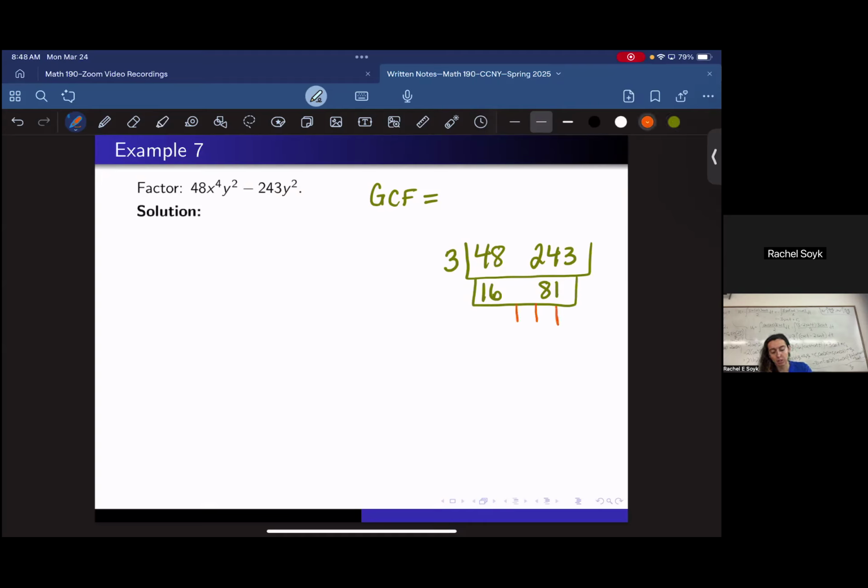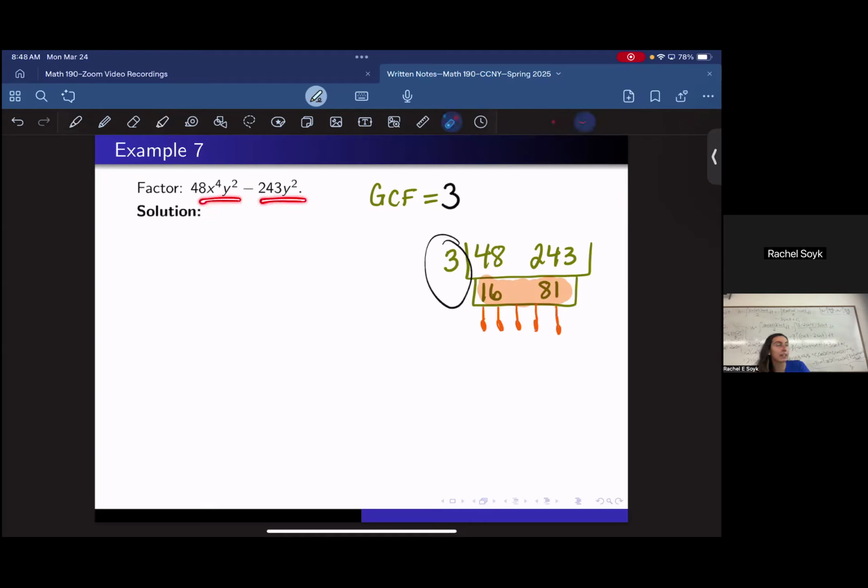They are indeed. So we're done with our cake method. And what do we also notice about that whole 16 and 81? What are they? They're perfect squares, right? So our GCF, well, we have 3, but can we pull out something else?